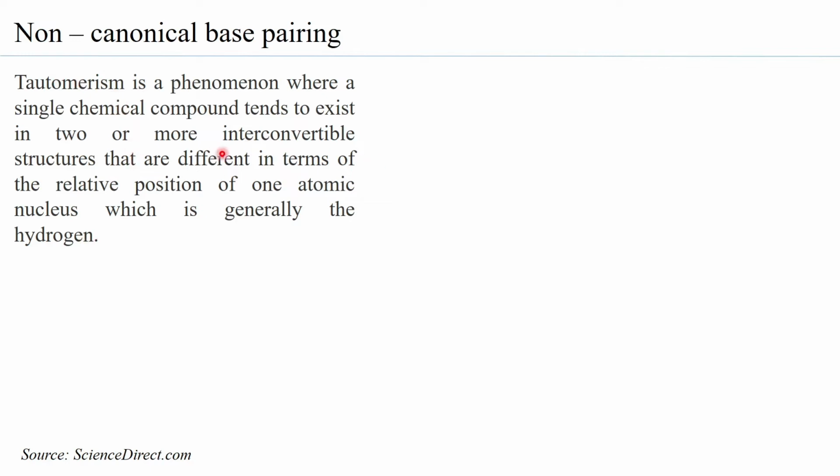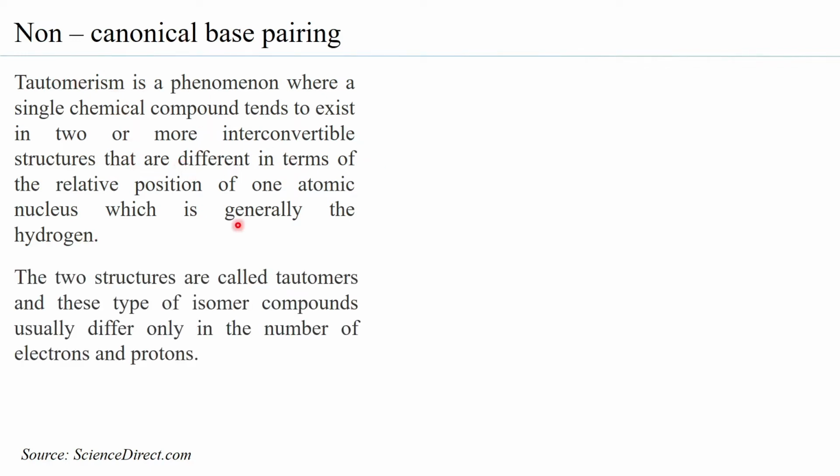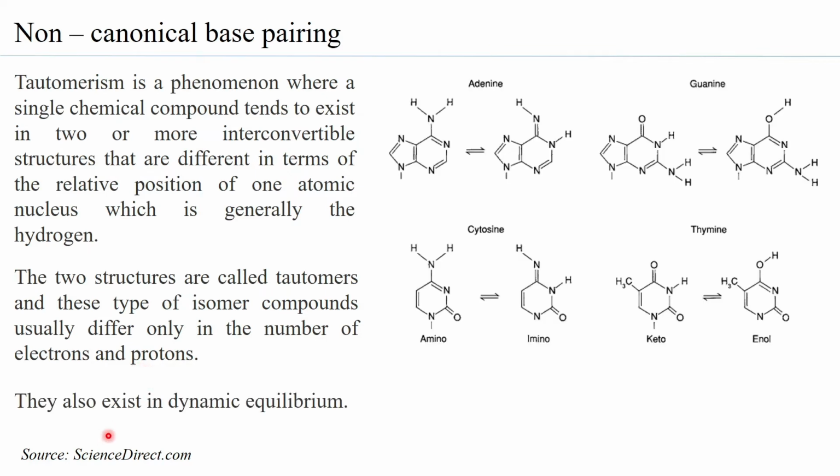The two forms are called tautomers, and these isomers only differ, as I mentioned, in the electrons and the protons, and they exist in dynamic equilibrium. So they can sometimes be present as the enol form, sometimes the keto form, sometimes the amino form, sometimes the imino form. All these are tautomers.